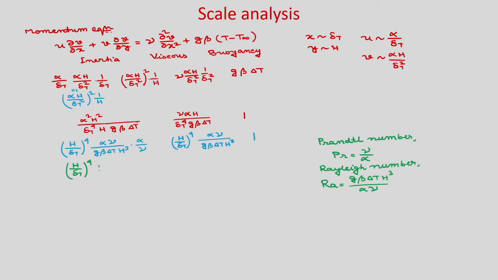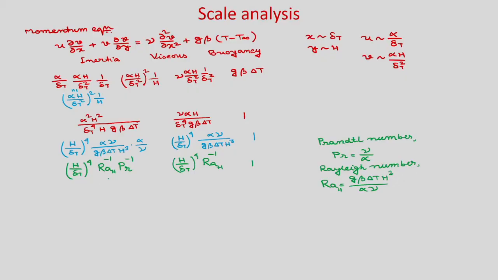So, this is your Rayleigh number to the power minus 1, you can write this as Prandtl number to the power minus 1. This is your h by delta t to the power 4. Okay. And this will be your Rayleigh number to the power minus 1, and Rayleigh number we have defined based on the height of the plate. So, this is, you can write h, here also you can write h, and this is the buoyancy term, this is 1. Now, we will consider two different cases, one is high Prandtl number fluids and low Prandtl number fluids.